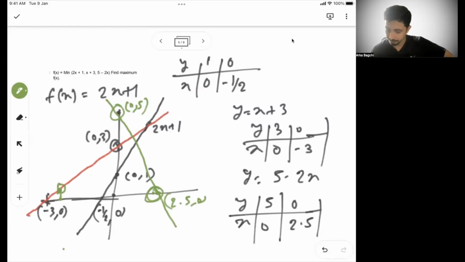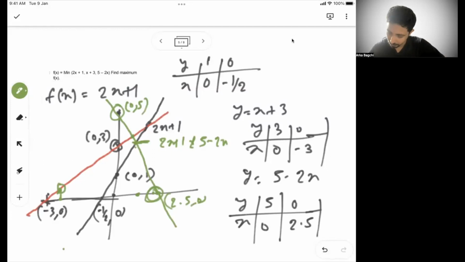Now if I take x equal to this, let's say the intersection points, this will be the intersection point between 2x plus 1 and 5 minus 2x. Similarly, this will be the intersection point between 2x plus 1 and x plus 3.